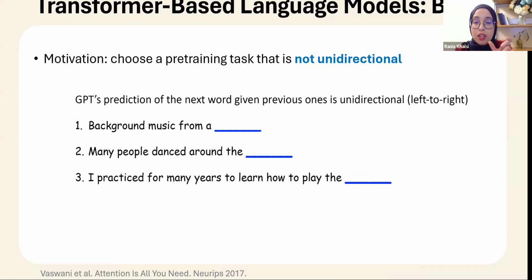Because of this unidirectional nature, GPT cannot handle tasks like filling in the blanks or understanding missing words within a sentence. So what we need is a new transformer-based language model that could be pre-trained to solve tasks that are not unidirectional, and this is where BERT comes in.